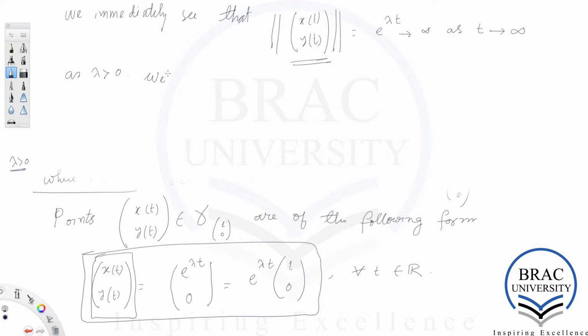We therefore have that the omega limit set of the orbit of the vector (1, 0) is empty. There is no element in this set. So this is an example where we can see that a limit set can be empty.